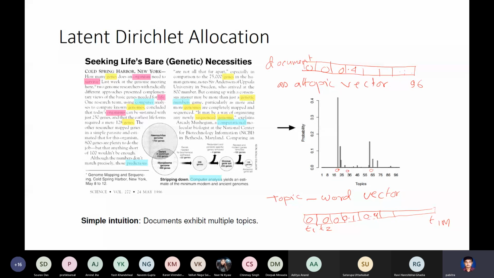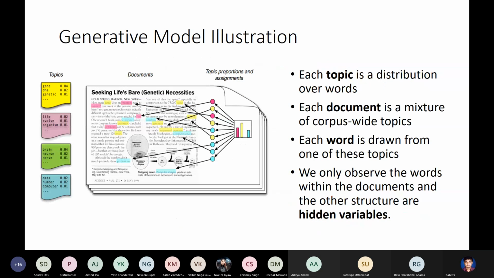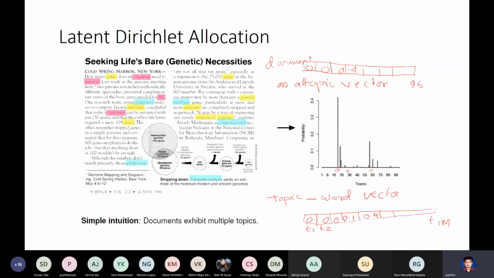All right. So if the semantics is clear, now let us see something called a generative model. The idea is that the document is a bag of words, and each word is as if generated by some probabilistic process and put inside the bag. So the picture is something like this.